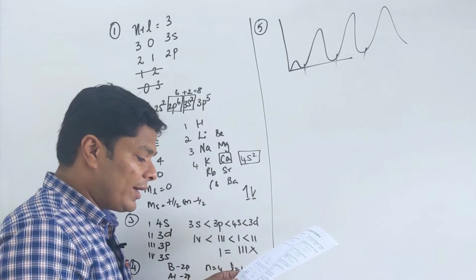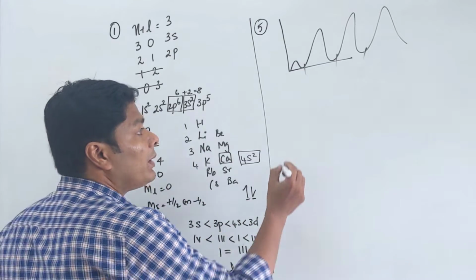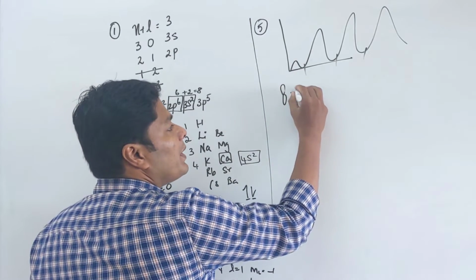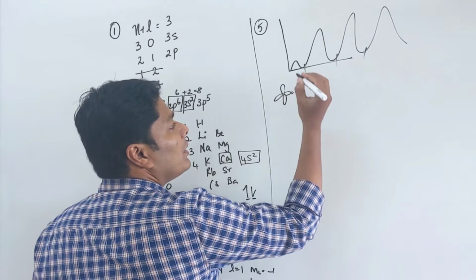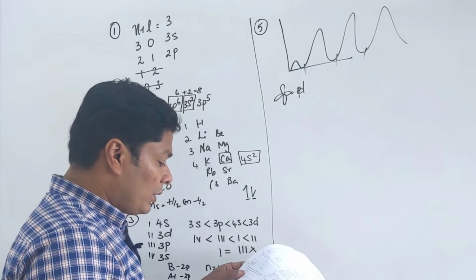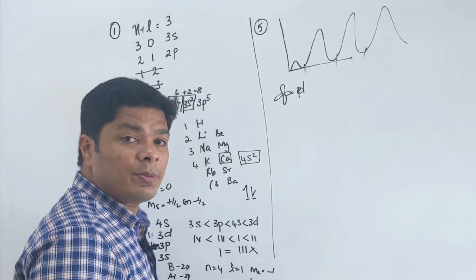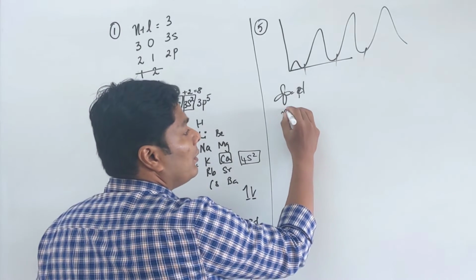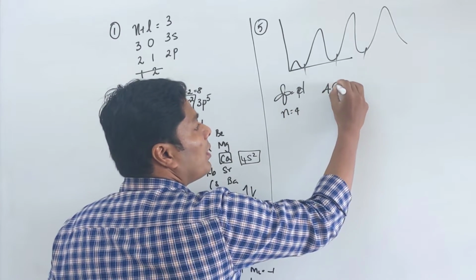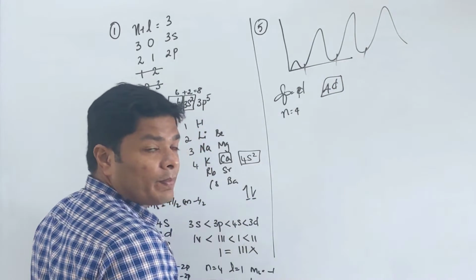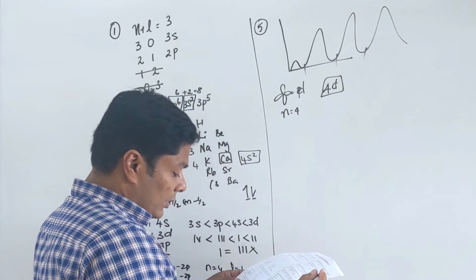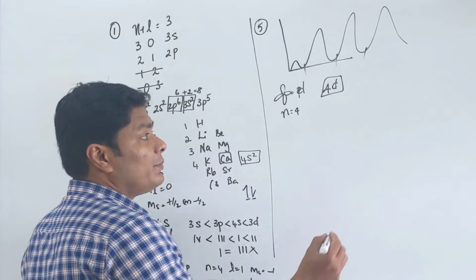Okay, they are asking about spherical nodes with double dumbbell. Single dumbbell means p orbital, double dumbbell means d orbital. So they are talking about d orbital of fourth principal shell. So n equals 4. That tells me they are talking about 4d orbital. And here they are asking radial distribution curve.